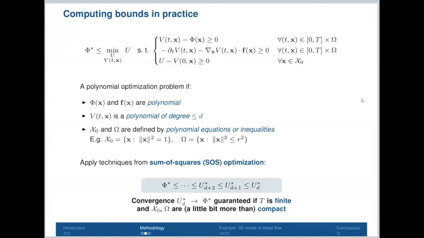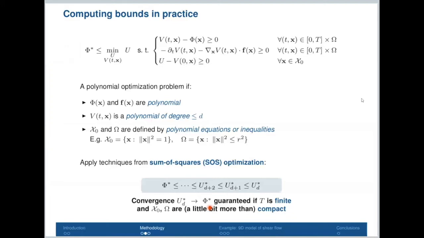And remarkably, what you can prove is that under some technical conditions, so for instance, the time horizon T being finite and the initial set and the region of space being compact, then you can prove that these upper bounds converge to the actual global maximum of the original problem.